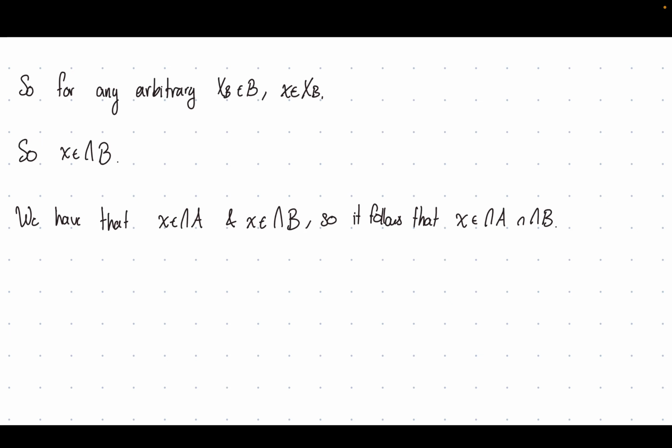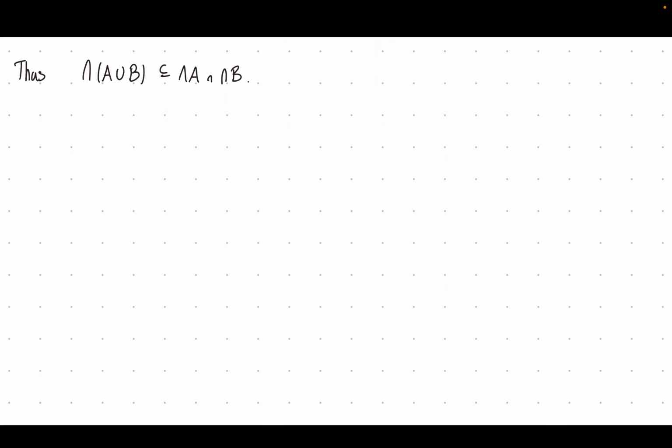Okay. Thus, the intersection of A union B is a subset of the intersection of A intersect the intersection of B. Cool. Now let's do the other side.